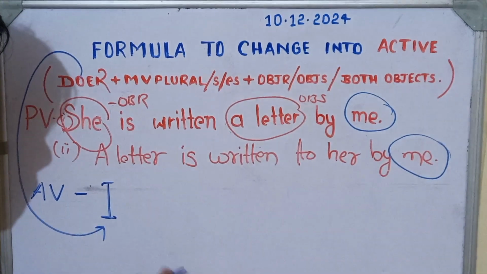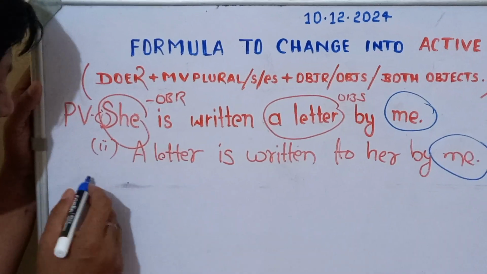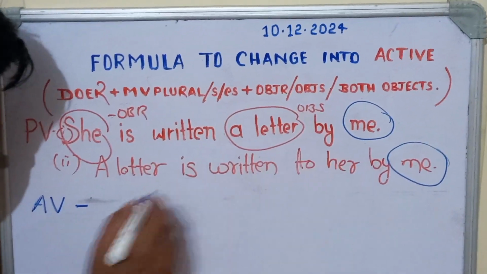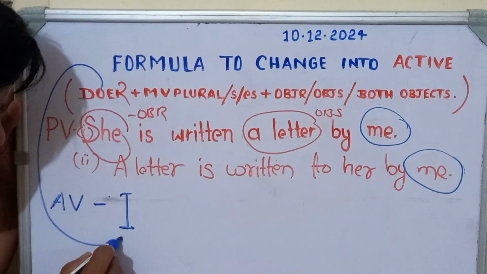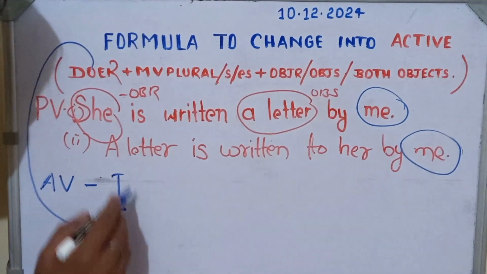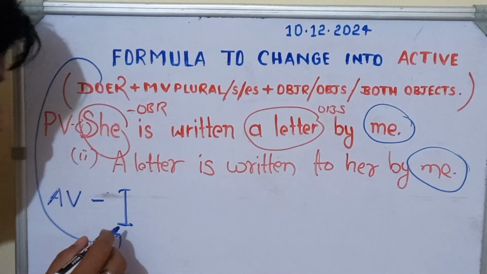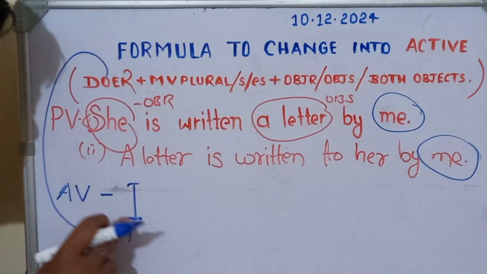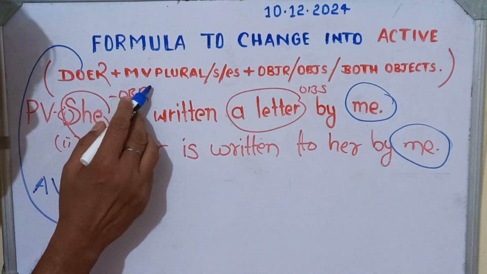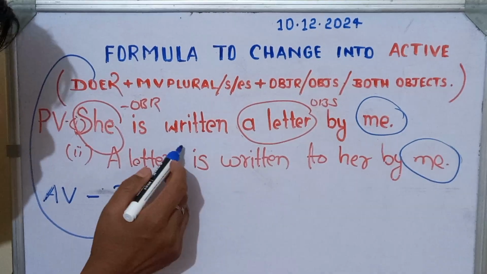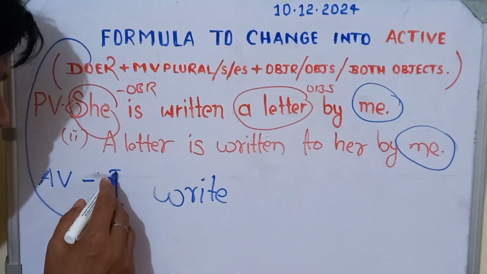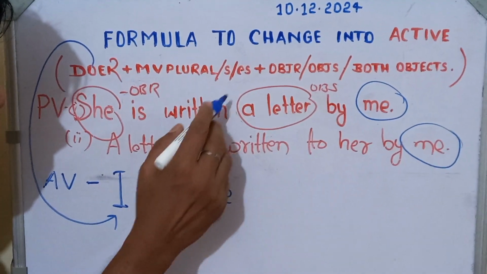So here main verb is written. Its first form is write. Okay, I write.